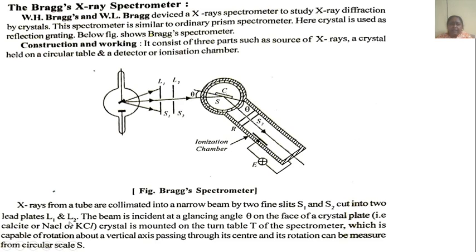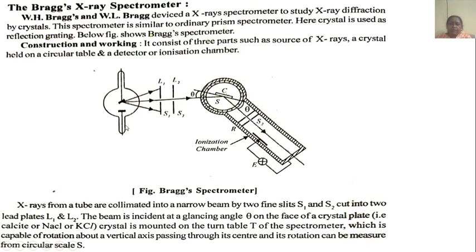Now X-rays from the X-ray tube, as seen in the figure, are collimated into a narrow beam by two slits S1 and S2. S1 and S2 are the two slits having lead plates L1 and L2.